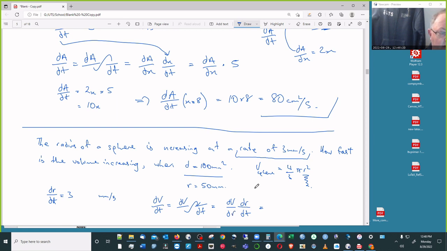Fortuitously, this particular question allows us to take this with respect to r and make our differential. So dV dr is simply going to be differentiating this.